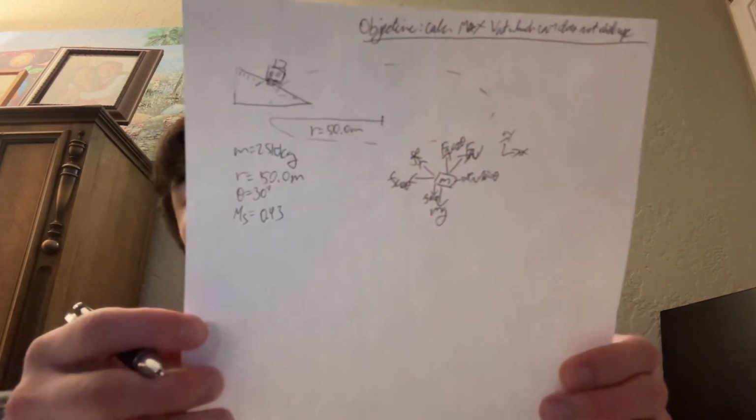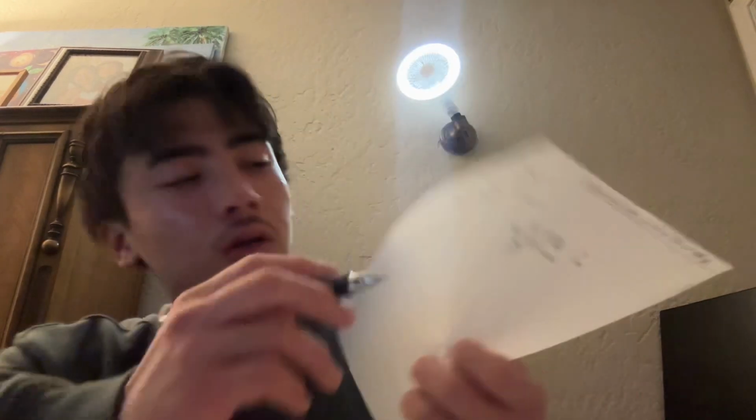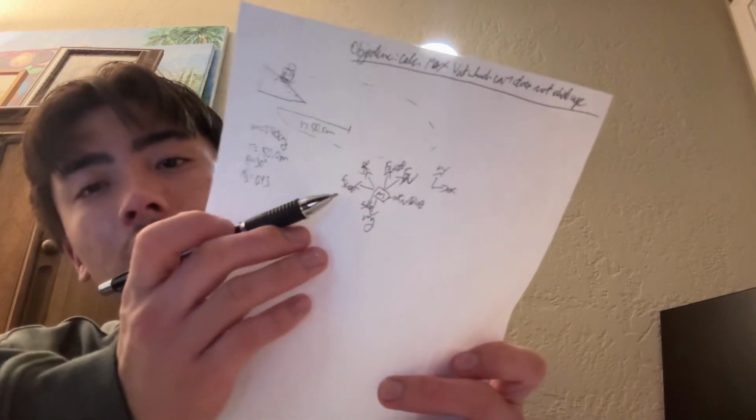But now we have to break it down into components again. So we have F cosine theta and F sine theta. I don't know if you can see it. So now we use our conservation of forces.